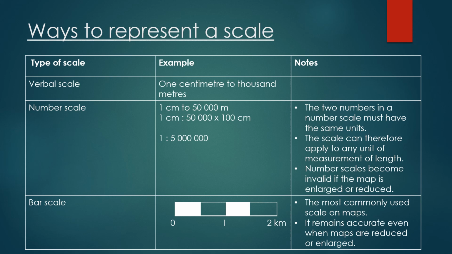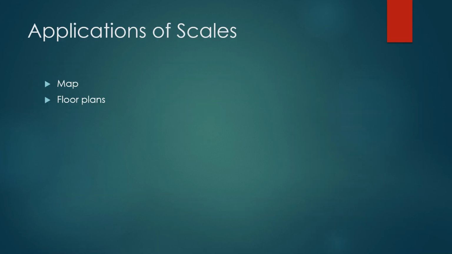So the mostly used scale is the bar scale, which is commonly used because it stays accurate even when the map is reduced or enlarged. The applications of scale in the real world are mostly on maps and plans, floor plans, and house plans.